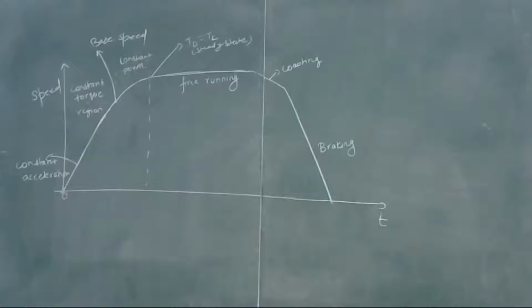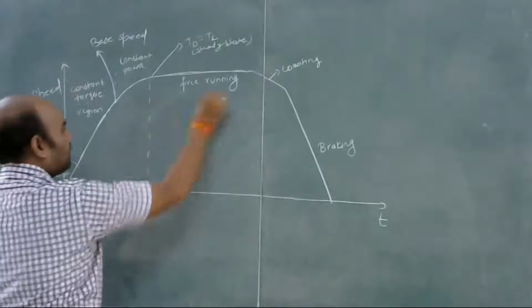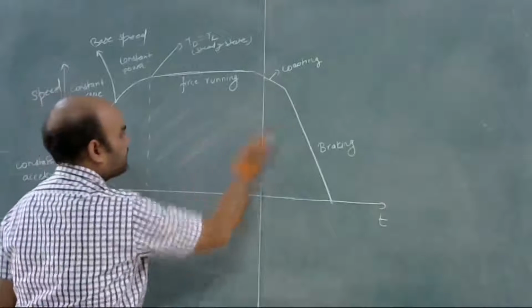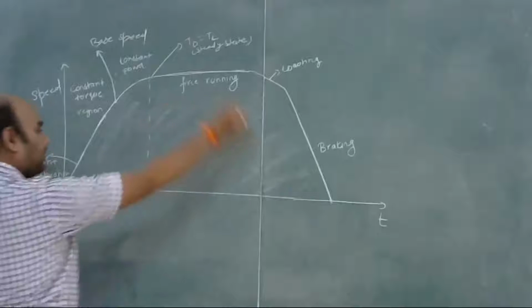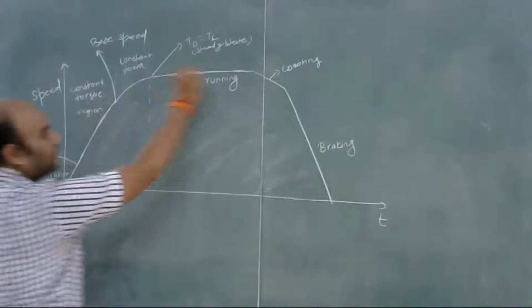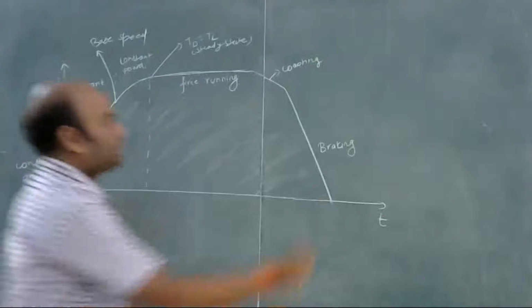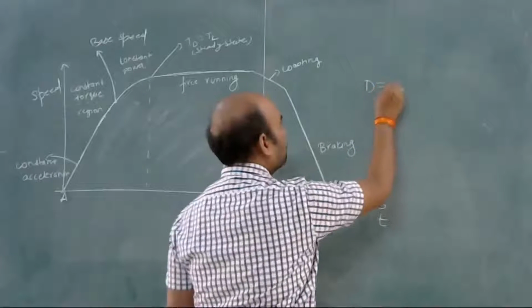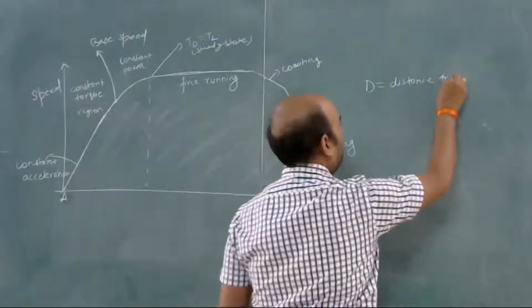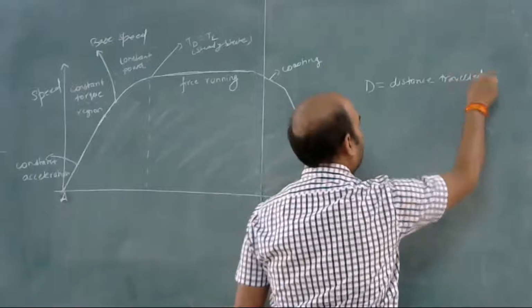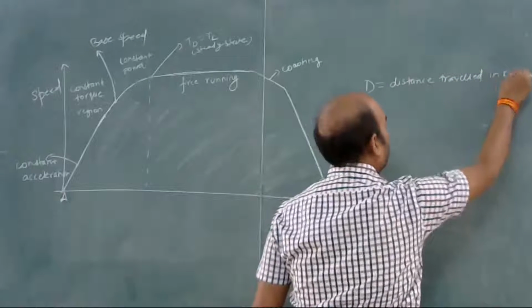Okay. So let us suppose this is point A. So the area beneath this curve will give the distance traveled. Okay. So we have to find the area of this curve in order to find the distance D. D is equal to distance traveled in kilometers.